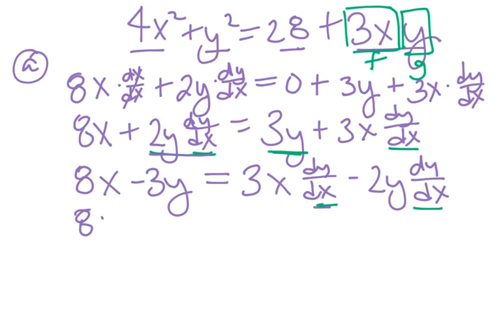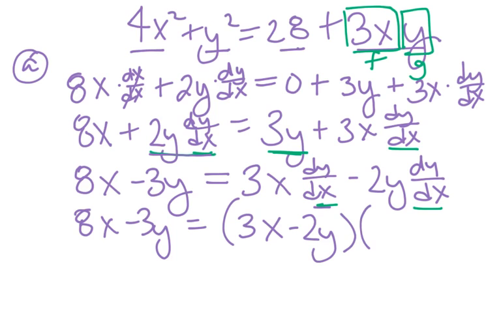So the left-hand side stays the same. Here I get 3x minus 2y times dy/dx. I factored that out so that I could get it in a step alone. So now to get dy/dx alone, I'm going to divide both sides by 3x minus 2y.